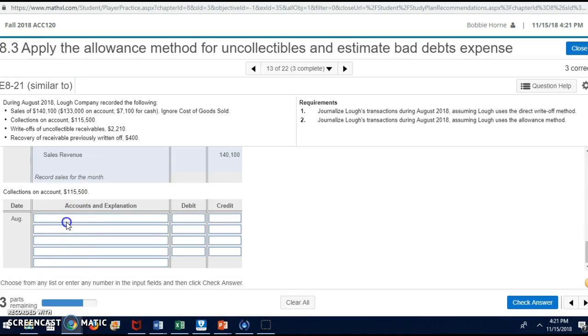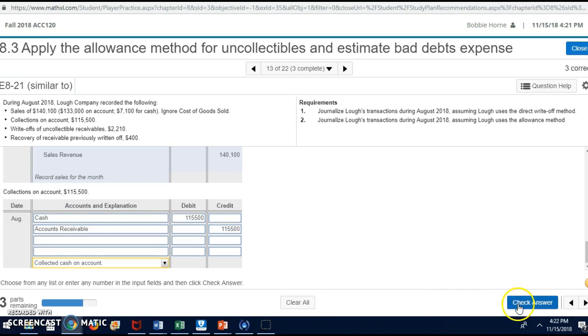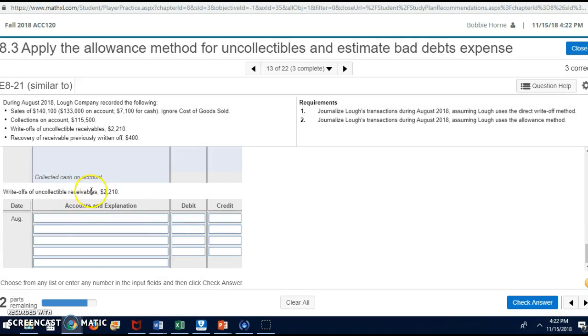And then we collected, this will be the same. But this part will be different.